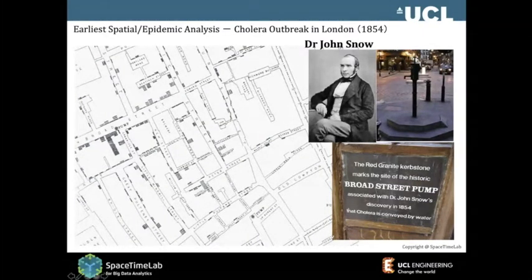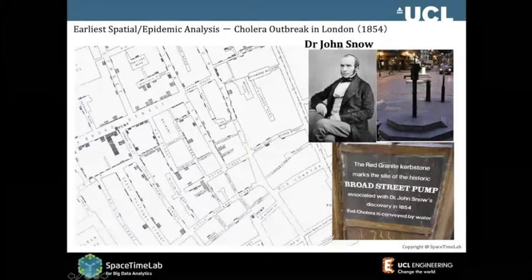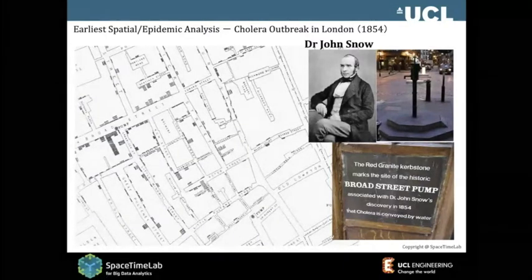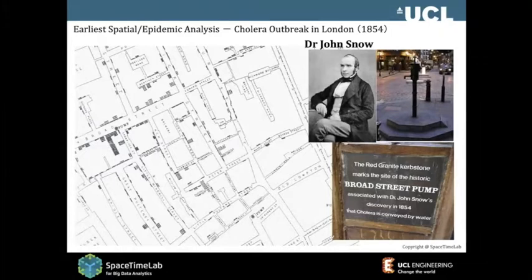With that, he associated those households with this little pump on Broad Street. He said that probably because of the handle of the pump, people were affected. This also had a very strong implication for the sewage system of London. In GIS, we claim him to be the first person to use GIS for analysis, but epidemiologists think it's the first epidemic analysis.